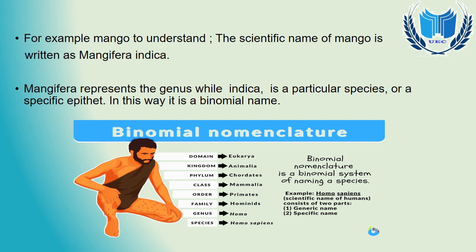Generally it is called human, no doubt, but biologically we are Homo sapiens. Here the Homo is the genus part and the sapiens is the species part. So in this way we can do the binomial nomenclature.